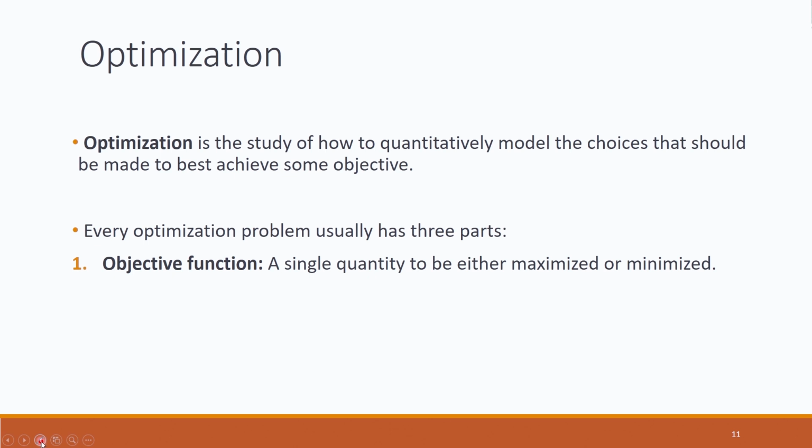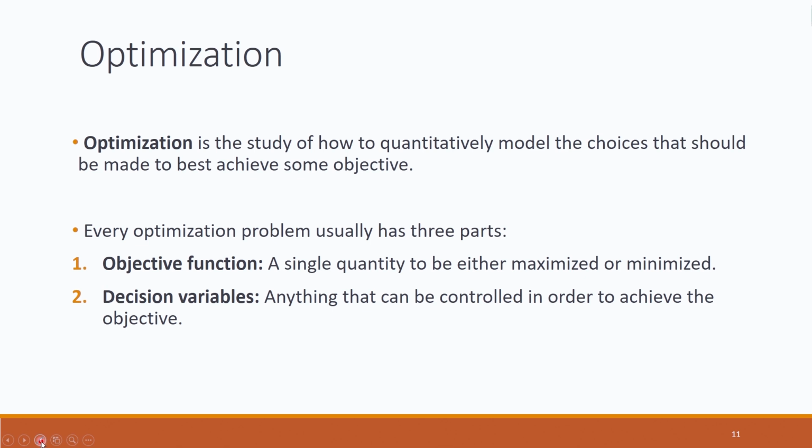For example, in the shortest path problem, the objective function was to minimize the length of the path that we find between the given set of places. There can also be optimization problems where the objective is to maximize something. We will see examples for that also.